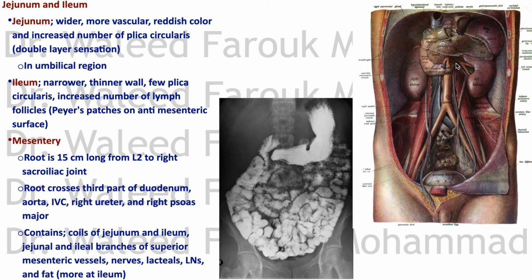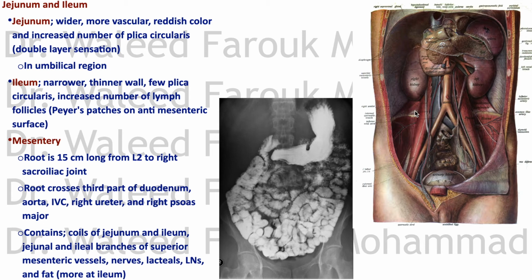It starts at the duodenojejunal flexure here, then descends, crossing the third part of the duodenum, the aorta, the inferior vena cava, the right psoas major with the right ureter and gonadal vessels, and ends at the level of the sacroiliac joint. So this line represents the root of the mesentery of the small intestine.